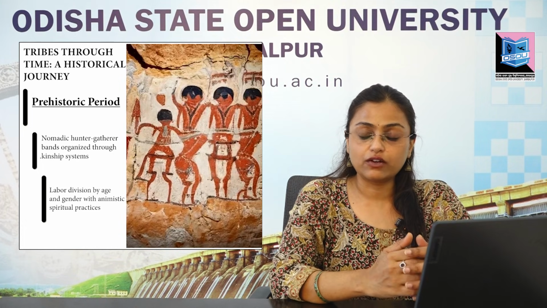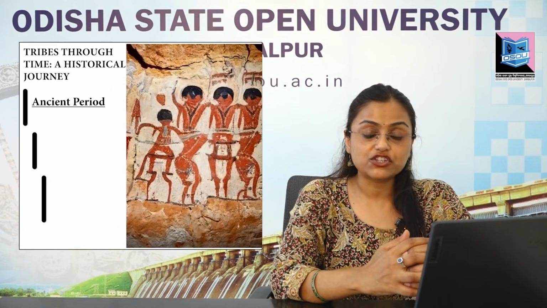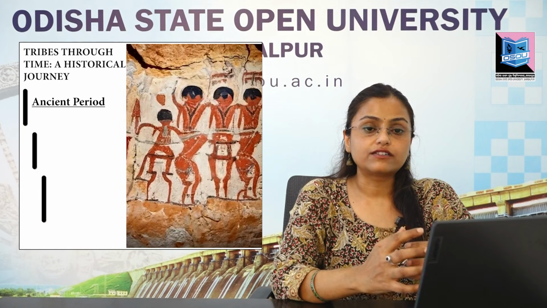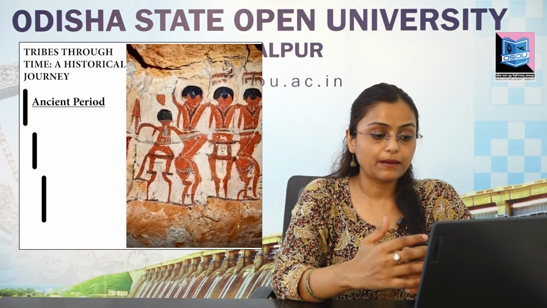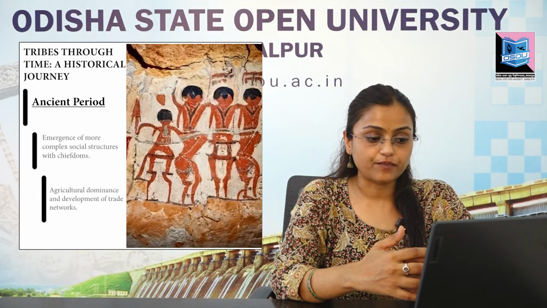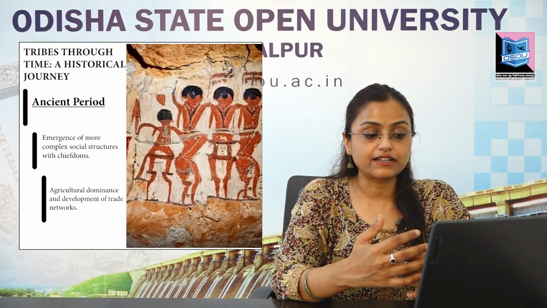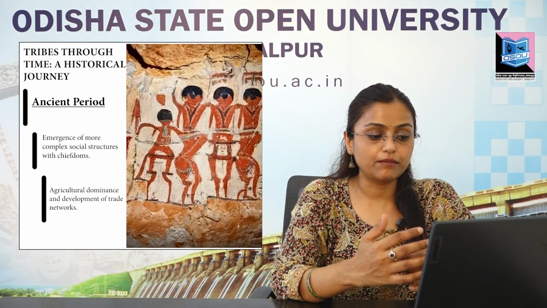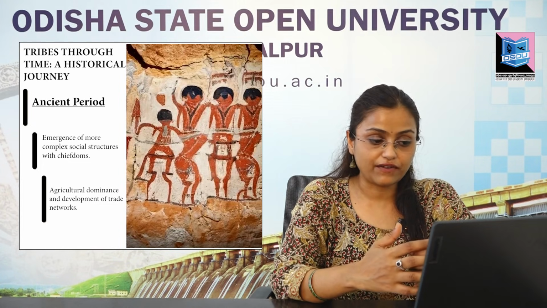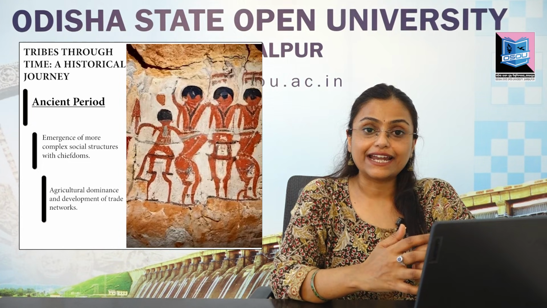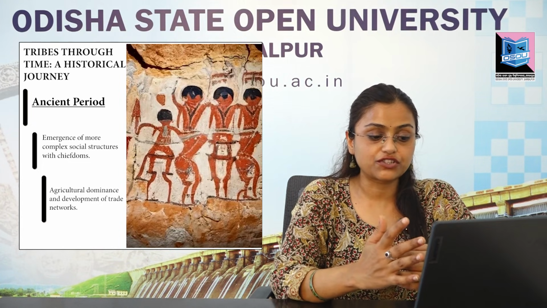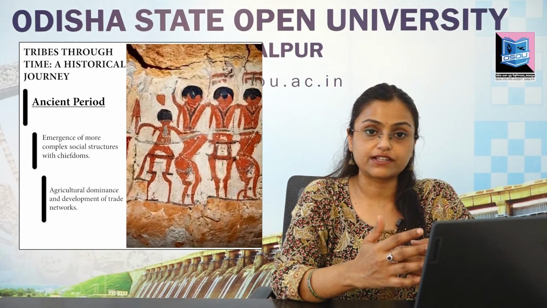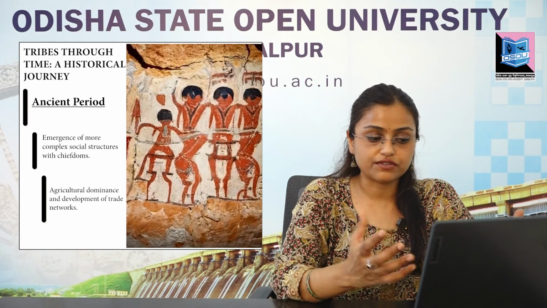Now, we will look at tribes from the ancient period. Tribes started practicing agriculture, which led to settled communities. Chiefs or leaders emerged to manage tribal affairs during the ancient period, and in this period, trade and exchange of goods with other communities also began to flourish.